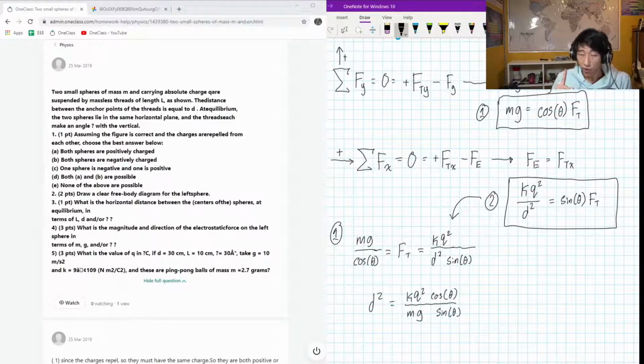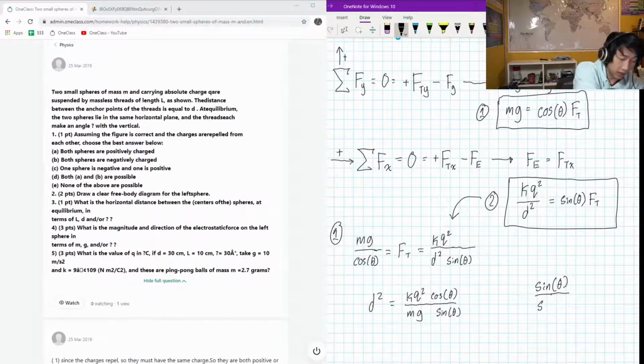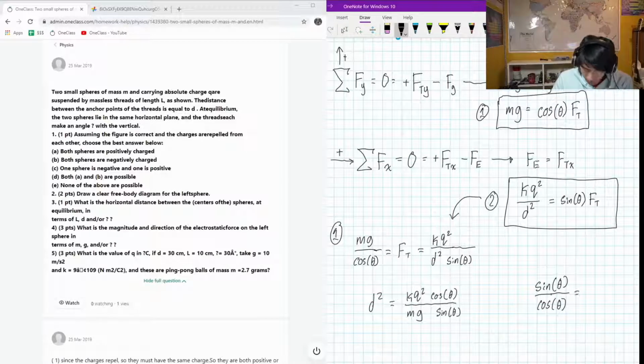One thing I want you to keep in mind is that cos divided by sine, well, the real relationship I was thinking about is that sine over cos is equal to tan theta. So you see how we have cos over sine? That just means the tan is going downstairs, or just the reciprocal.